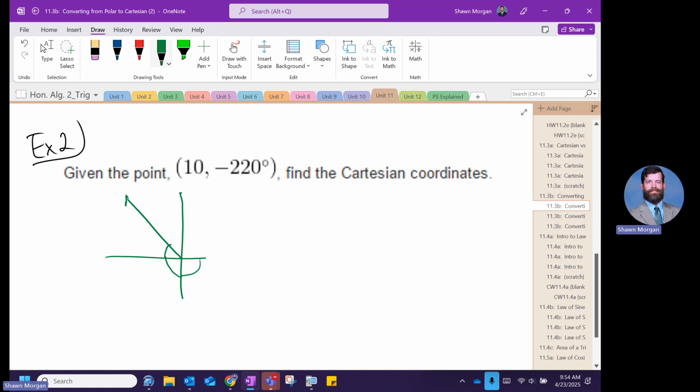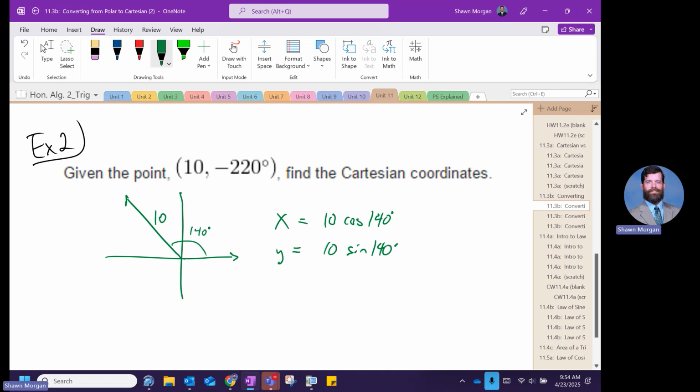Okay, so if I'm at 10 away, and I'm just a creature of habit, so negative 220, what is that going to be? 140 in standard position? Yeah. 140 degrees in standard position. And so I'm going to say x equals 10 cosine 140, and y equals 10 sine 140.